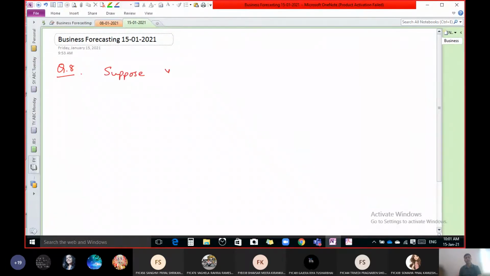Suppose y equal to a plus bx is the equation of linear trend, that is nothing but straight line. So either you can say straight line or linear trend, it's one and the same thing.